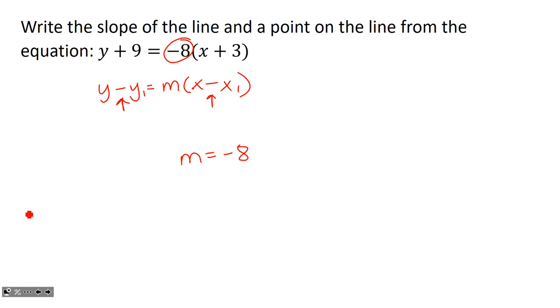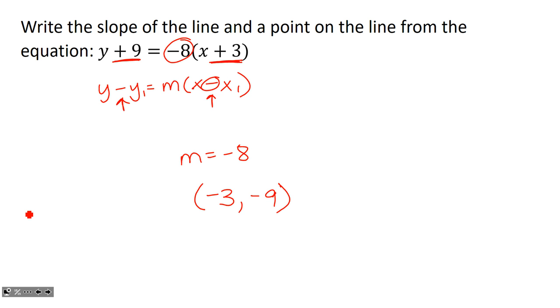So in order to get this to be x plus 3, in the formula it had to be a negative 3. So the x1 value was negative 3. Because there's a negative in the formula, it switches the sign. And the y value is negative 9 as well, because this is y plus 9.